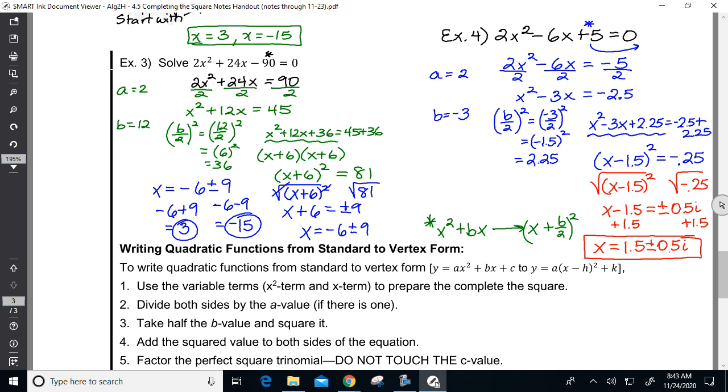So there's a fourth example that involves decimals in the problem, because it's going to show up in your homework and potentially on your unit test and potentially on your final.